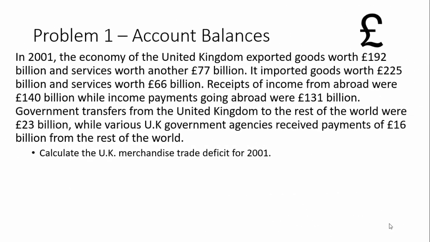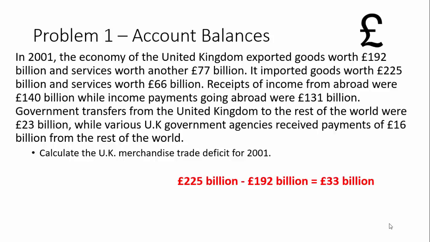Let's go ahead and calculate the merchandise trade deficit for 2001. So we're going to include the imported goods worth £225 billion, and we're also going to count the £192 billion of exported goods. So in this one, we're just counting goods. We're not counting services or any transfers.